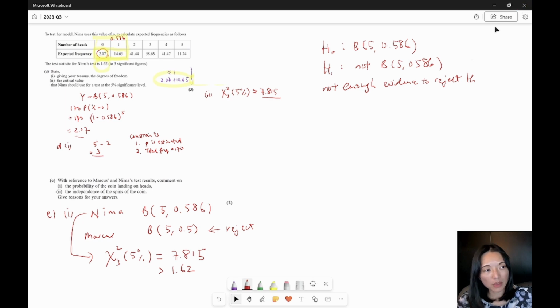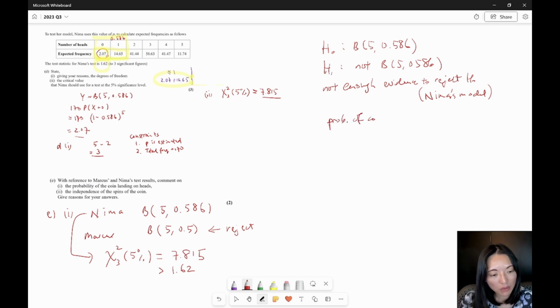So that's Nema's model. So her model is much better. And what can we conclude about the probability of a coin landing on heads? The probability of the coin landing on heads is about 0.586 and not 0.5.